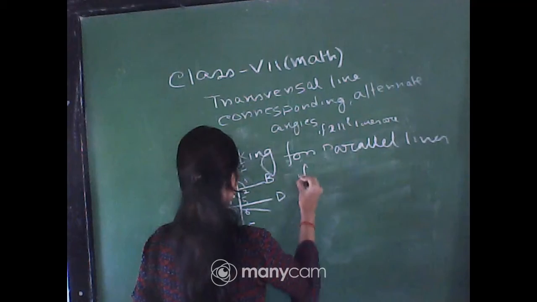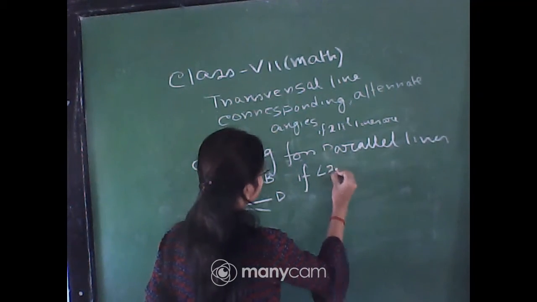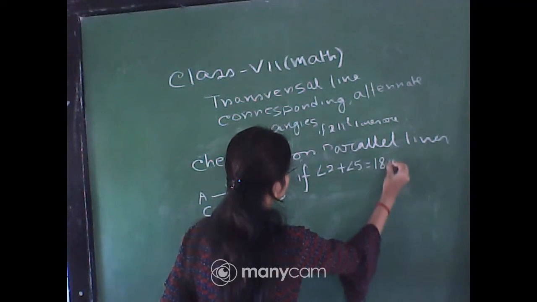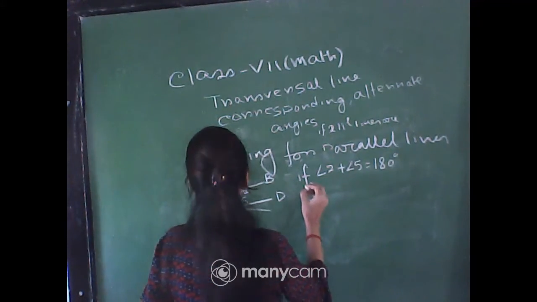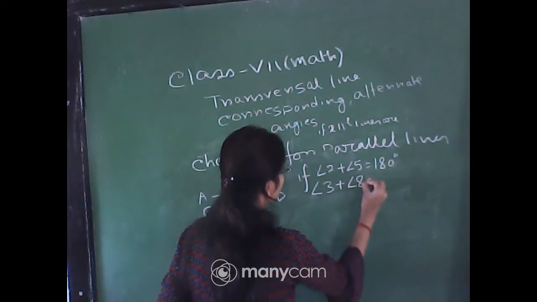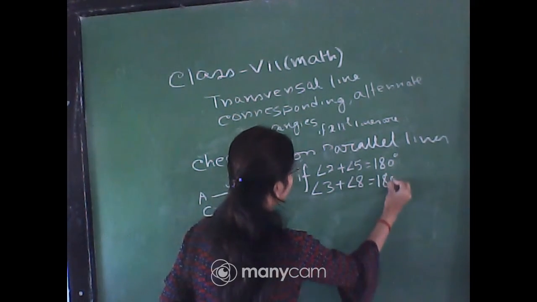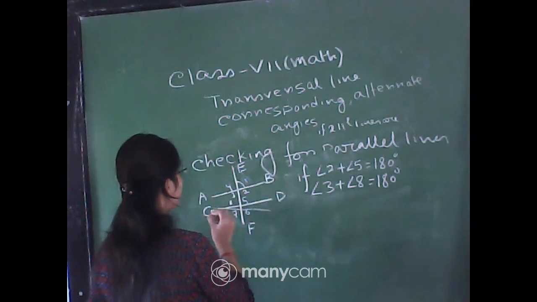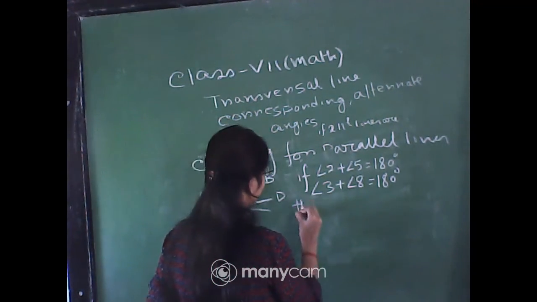That is, if angle 2 plus angle 5 is equal to 180 degrees and angle 3 plus angle 8 is equal to 180 degrees, then we can say that the lines AB and CD are parallel.